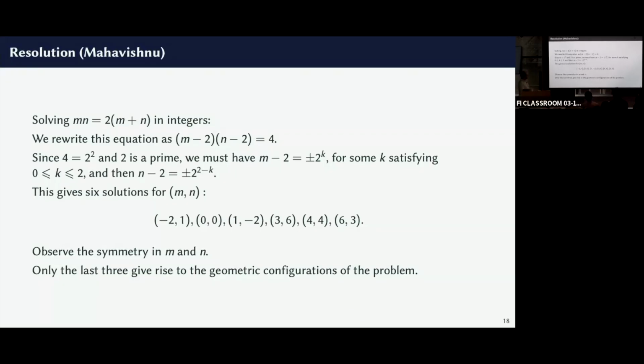You can observe the symmetry in m and n: the equation is symmetric, so those go together, and this one is symmetric, and those go together. Now the goal is to make a Lean program that solves the equation and gives you the correct answer.